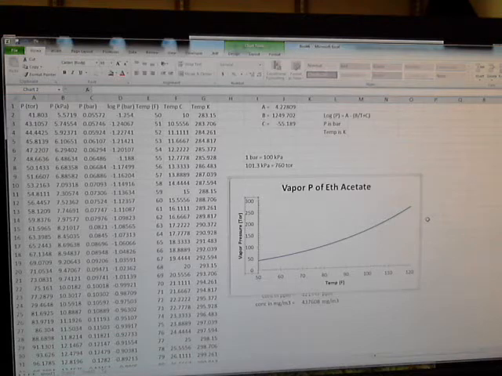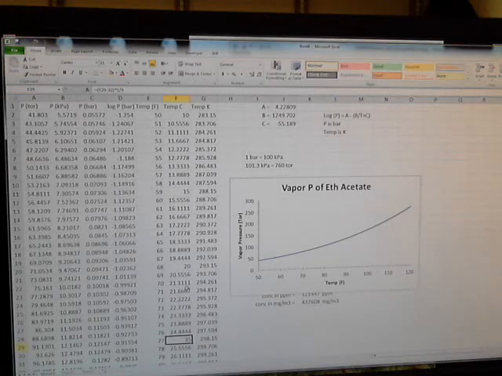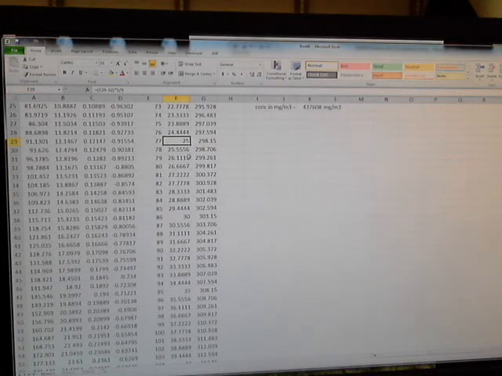So looking back at our curve, we could use our curve, or we could use our tabulated data here. I would suggest using the tabulated data because you'll have an exact value. So at 25 C, we have our vapor pressure in torr of 91.13.